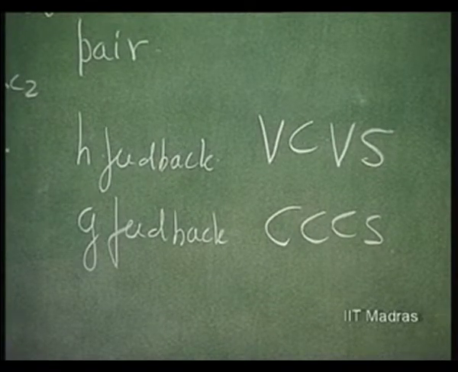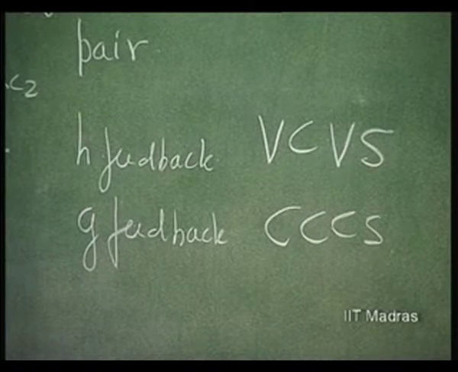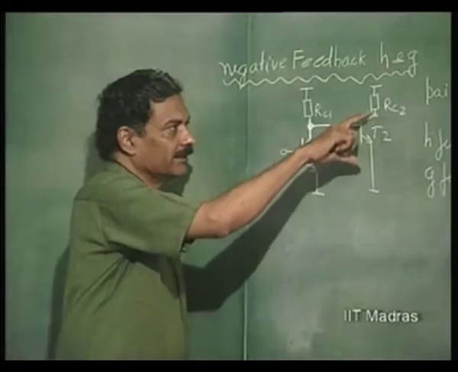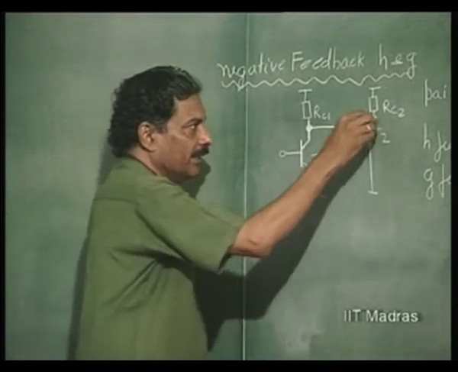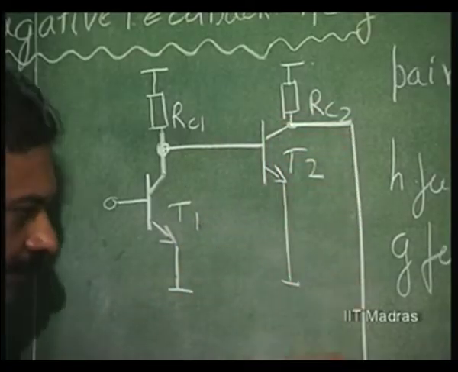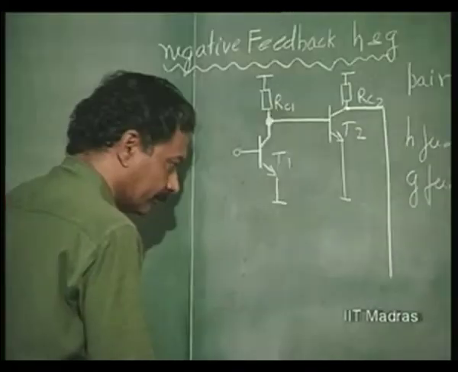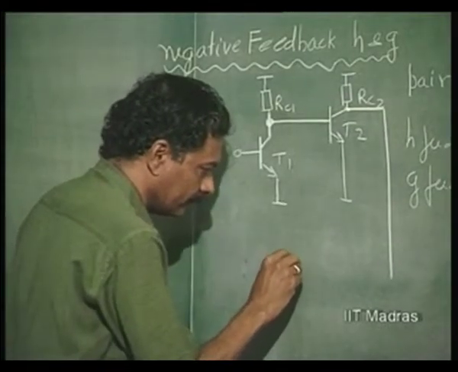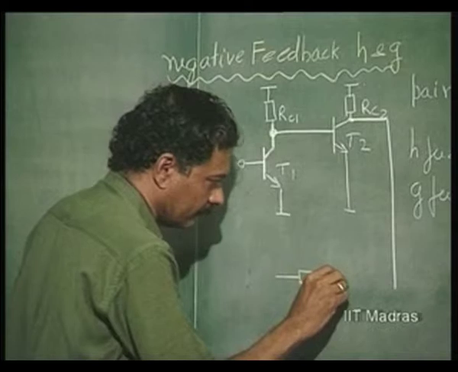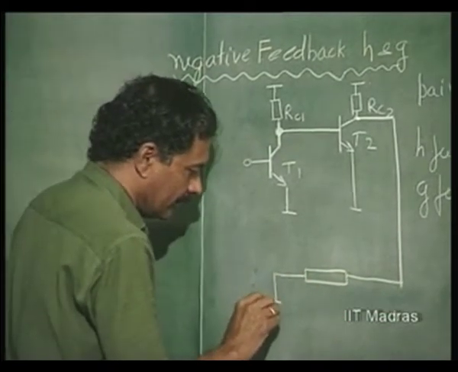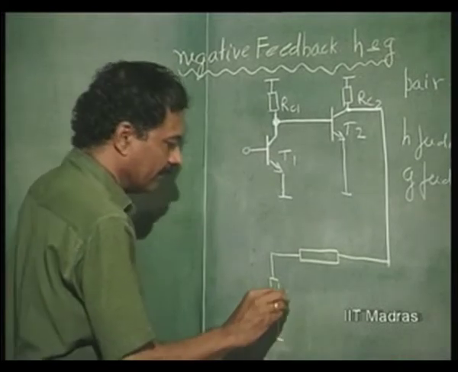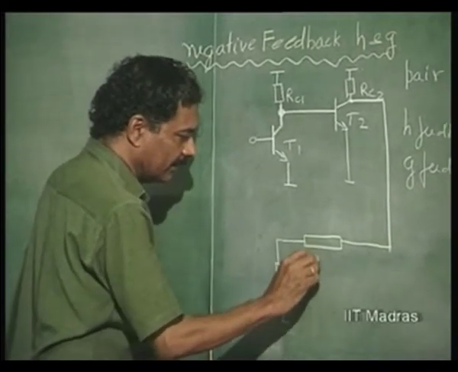So, how are we therefore to implement this H feedback? It is shunt at the output and series at the input. That means, I take a feedback network, this is the passive feedback network, let us say this is R1 and this is R2.